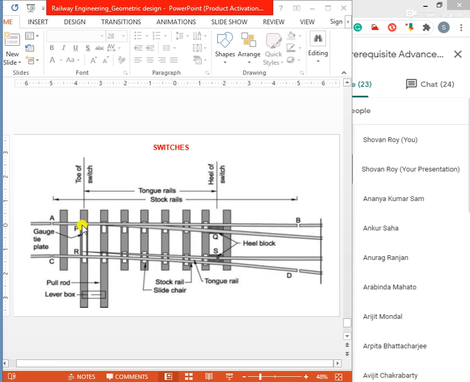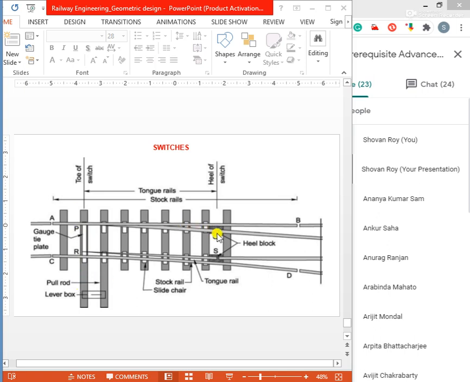This P is the toe portion of this PQ tongue rail. This R is the toe portion of this RS tongue rail. PR is fixed with a plate and can move in the transverse direction.